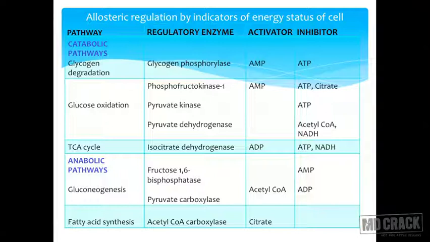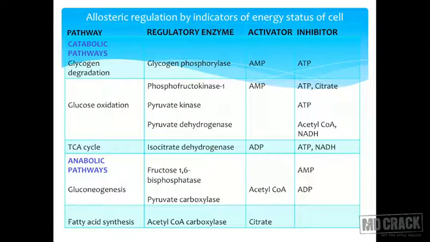That is how all these pathways are going to be regulated within the body. Some pathways are going to be switched on, some switched off by these 4 mechanisms only.